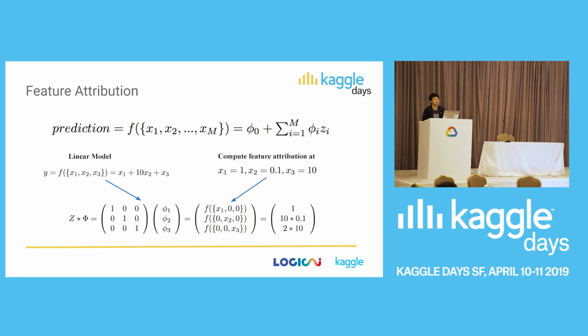That leads to this idea of feature attribution. On the right-hand side, phi 0 and phi 1 to phi m are the feature attribution scores. Phi 0 is the bias term, meaning if no feature is present, what is the baseline prediction. And z_i is a Boolean vector that indicates whether this feature is present or not. If it is present, it should either contribute to the prediction or maybe 0.